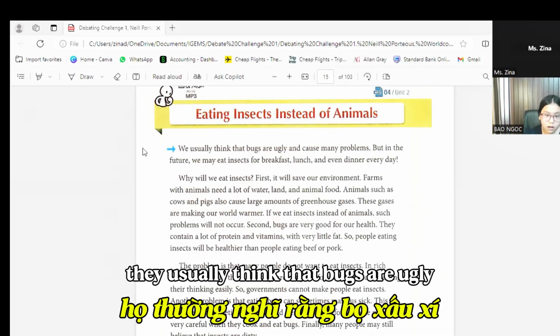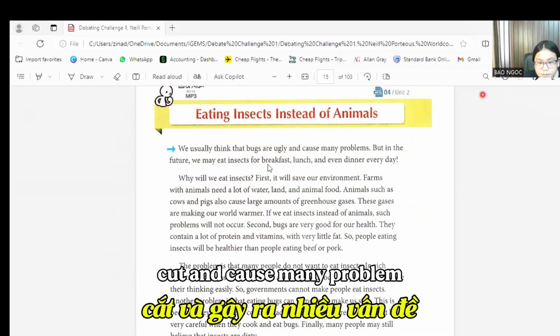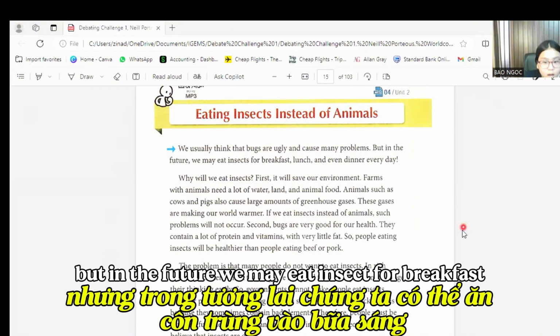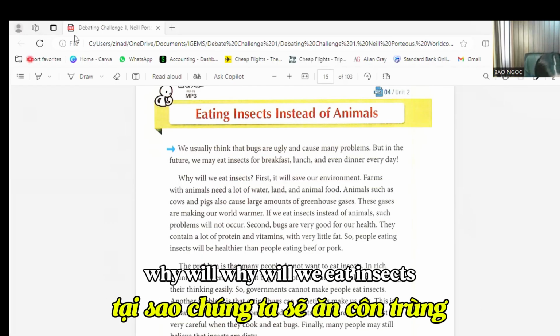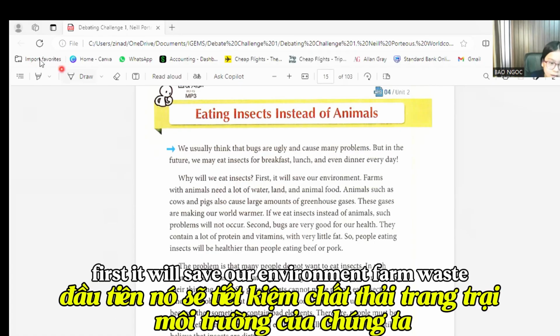We usually think that bugs are ugly and cause many problems. But in the future, we may eat insects for breakfast, lunch, and even dinner every day. Why will we eat insects? First, it will save our environment.